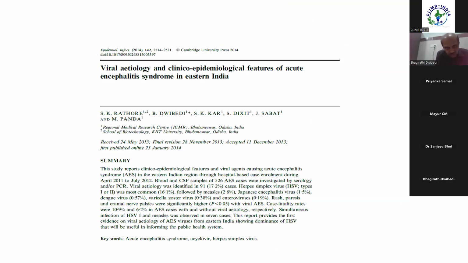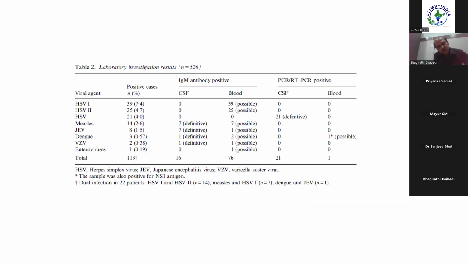And if we see different viral etiologies, as I told, it's a difficult situation to really confirm whether acute encephalitis is because of a virus or not. That means the viral etiology is not always evident, even if it is there.